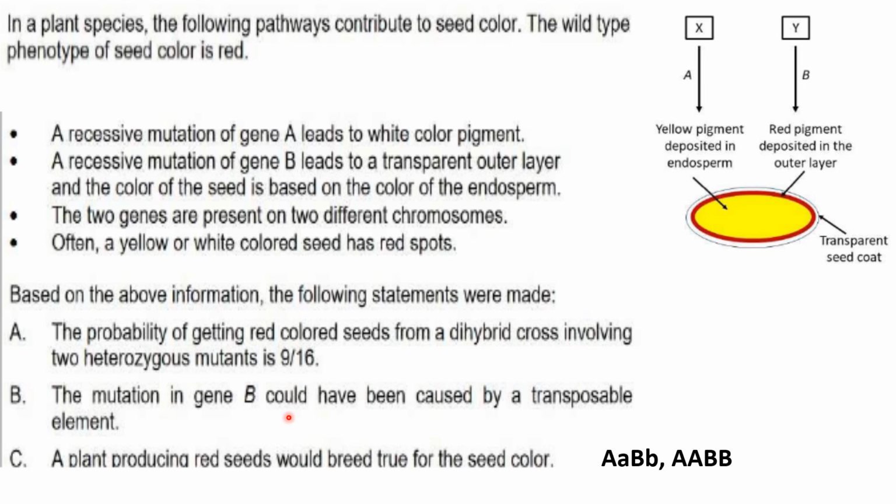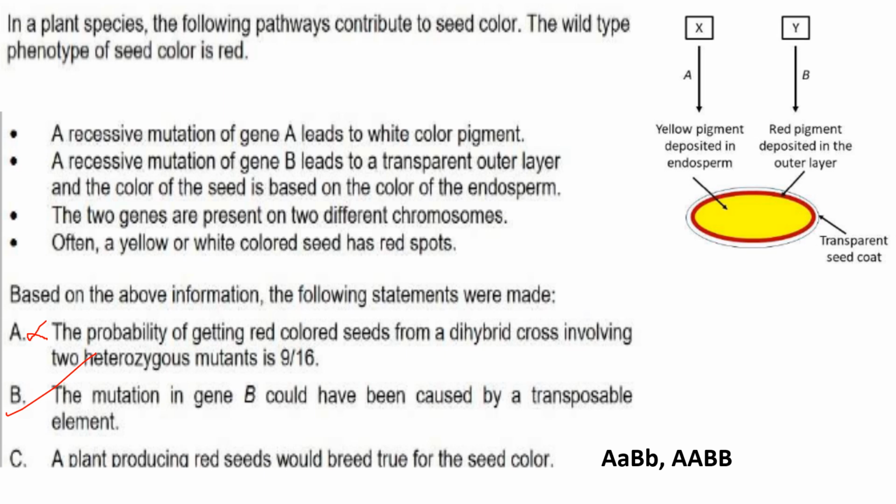The mutation in gene B could have been caused by a transposable element. That is correct. That is why when the transposon got excised, you got red spots, as in this statement. So B is correct. A is not correct. A plant producing red seeds would breed true for the seed color. Need not. If it is heterozygous, you will get different variations of the seed color.